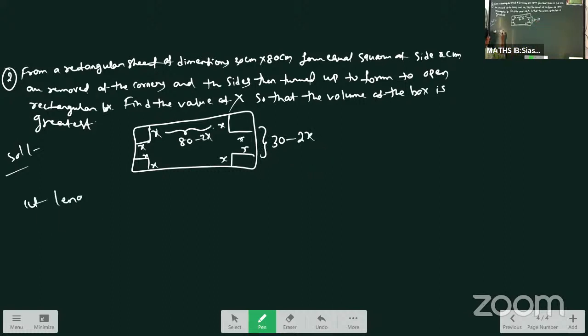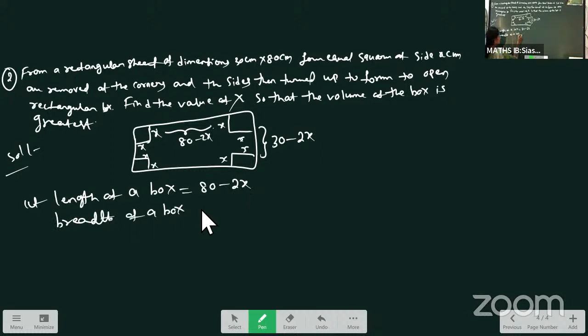Length of the rectangular box is 80 minus 2x, breadth of the box is 30 minus 2x, and height is equal to x.